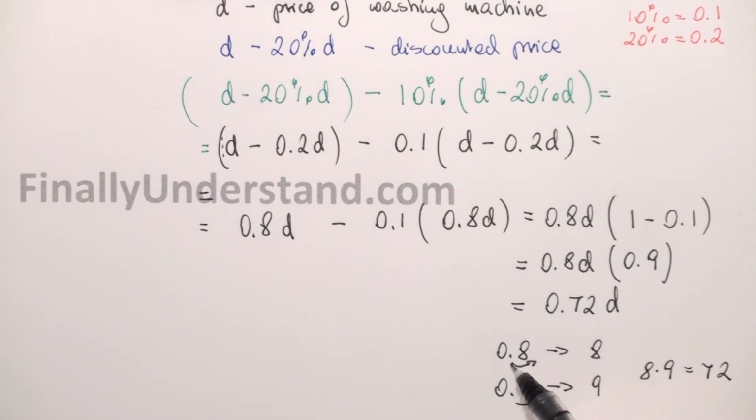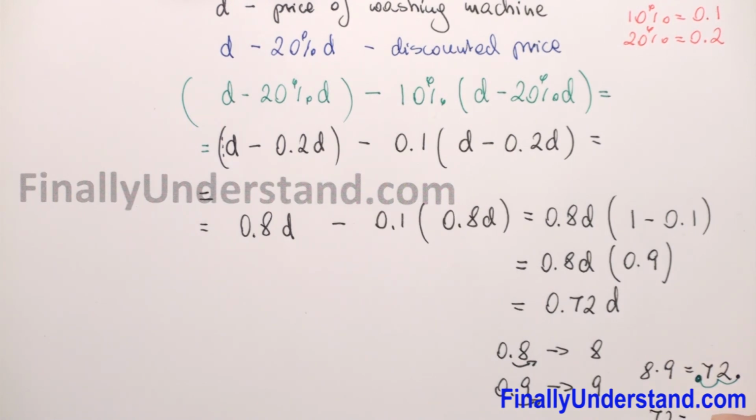And now, because we moved the decimal point 2 places, we have to add the decimal point. When we don't have a decimal point, it's always at the end. And now we move it 2 times, 1, 2. So now we have the decimal point before 72, so we can write 0.72. This is exactly the same as what we have here.